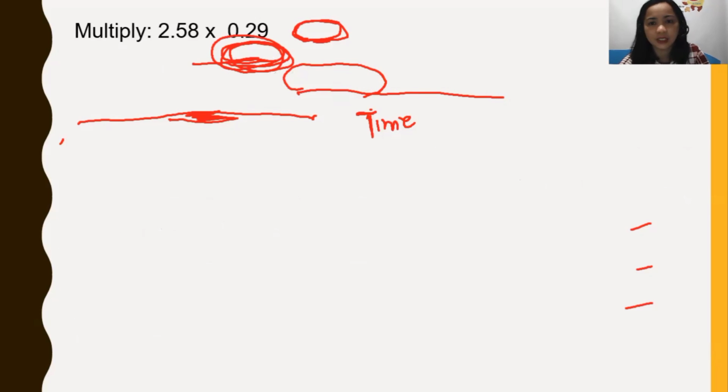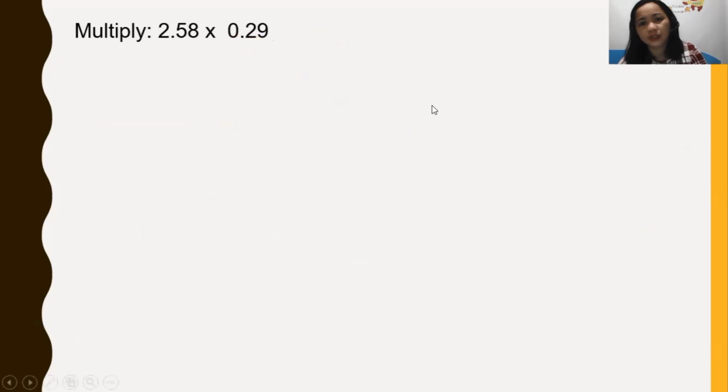Now, let's proceed to another example. We have 2 and 58 hundredths times 29 hundredths.